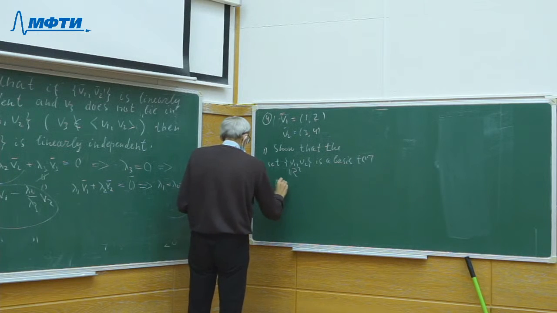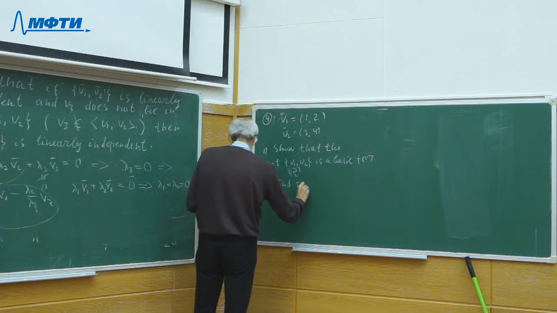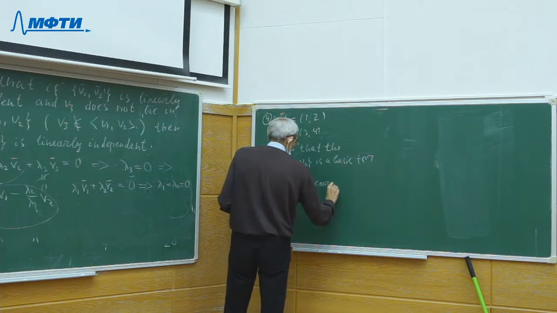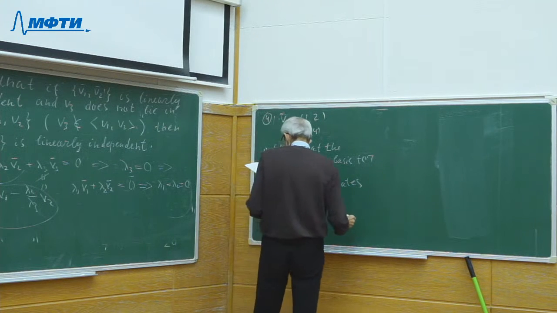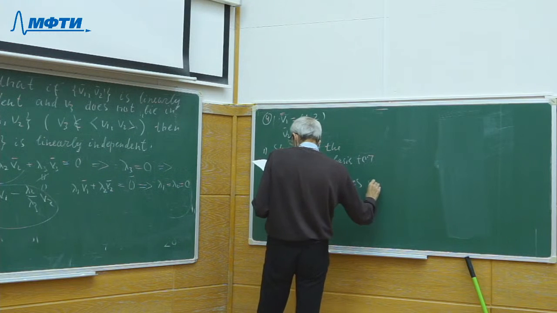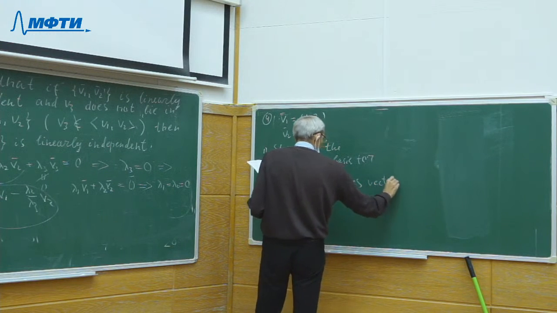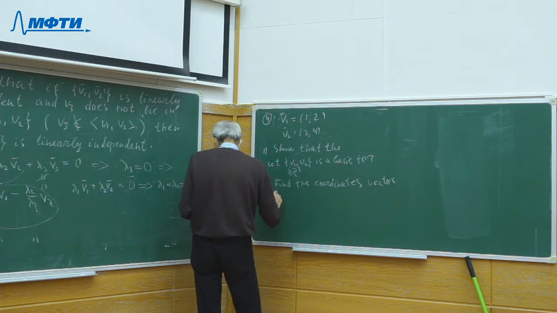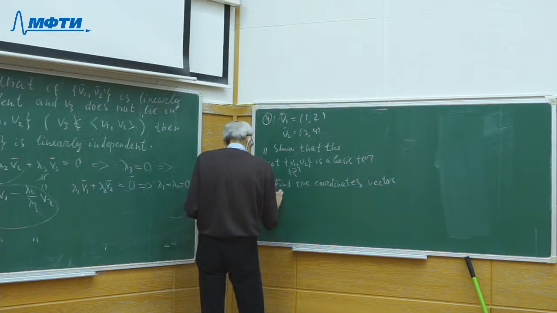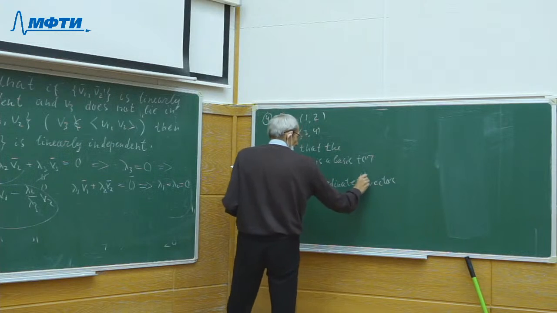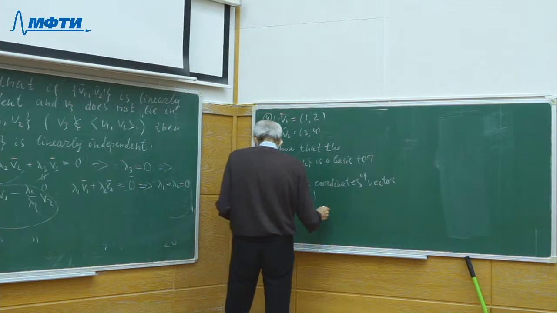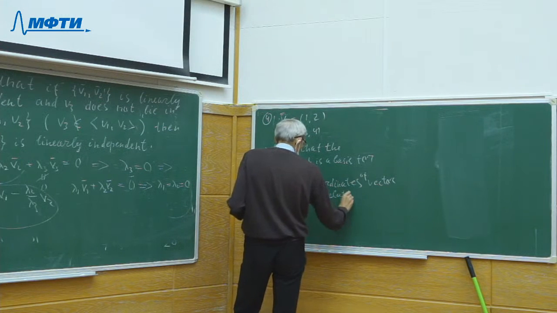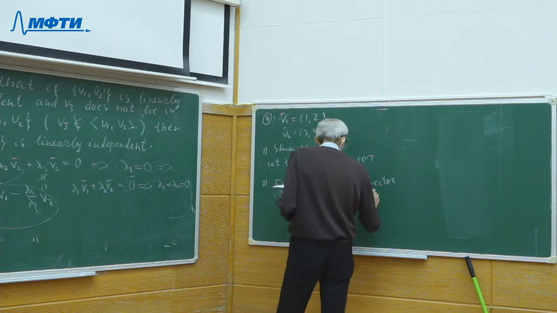Second, find the coordinates of the vector v with coordinates 5, 6 relative to the basis.